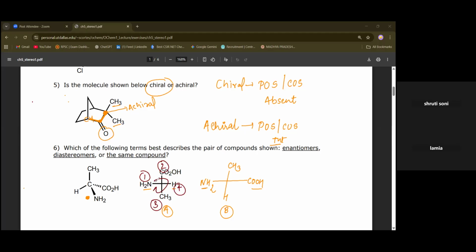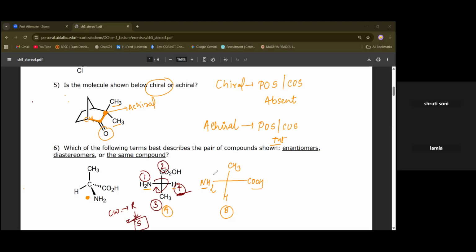So is it clockwise or anti-clockwise? Clockwise, right? So clockwise R. Do we need to change? No. Yes, why not? Because the fourth group is on the left hand and right hand side. Wait, sorry, I'm looking at the wrong structure.